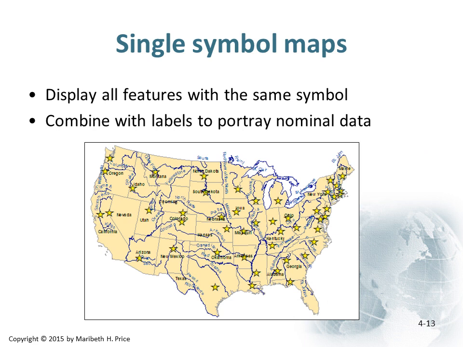In this example, we have a data layer that portrays the capitals of states, for example. And so what really matters isn't so much that the capital of West Virginia is Charleston, or that the capital of Virginia is Richmond. What matters is that every state capital on the map has a gold star, because the gold star is the single symbol that portrays that entity as a state capital.